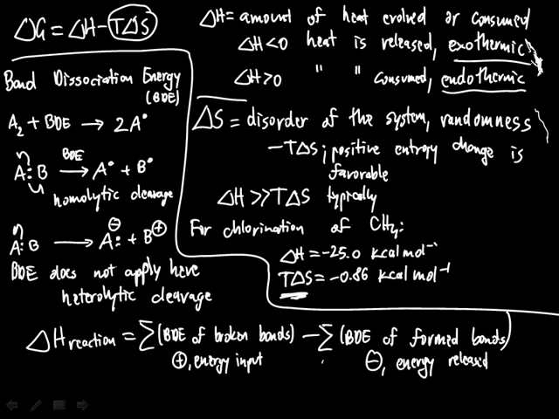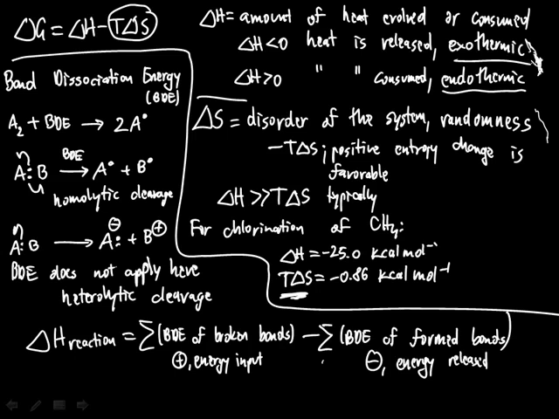Now these bond dissociation energies vary. Different bonds require different energy to be broken. And there is a table in your book, which we will give you on an exam, but you should consult to look at these energies and be able to figure out the energy balance of a reaction based on the bond dissociation energies of individual bonds.